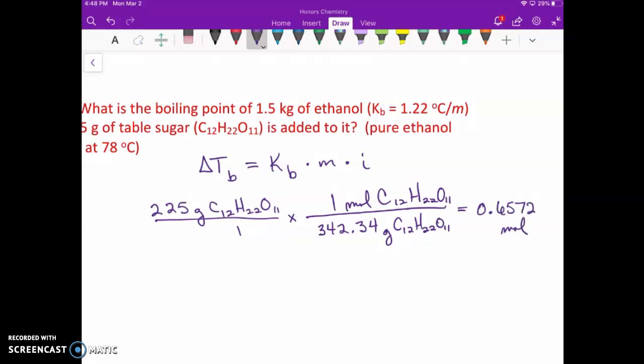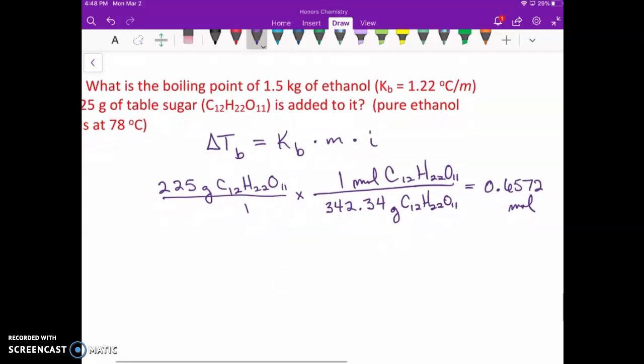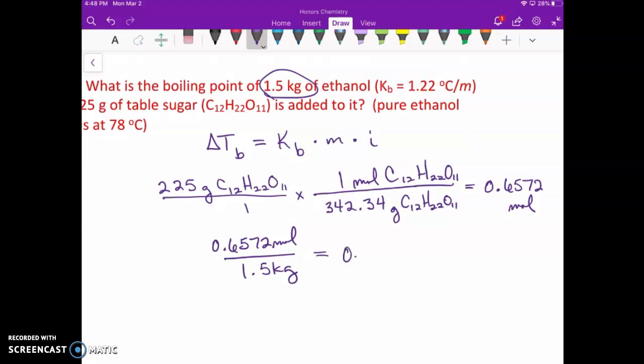moles of table sugar. And then I do have to divide that by my kilograms, so to get my molality. And that means, in this case, I don't have to convert because it's already in kilograms right here in the problem. And so just take my number divided by 1.5, and I get 0.438. And remember, that's molal.